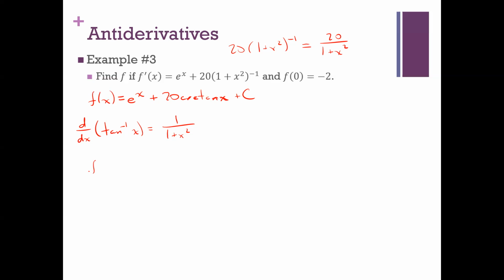So I know that f of 0 is equal to e to the 0 plus 20 arctangent of 0 plus c equals negative 2. What is e to the 0? 1. What is the arctangent of 0? So 1 plus c is negative 2. So c is equal to negative 3.